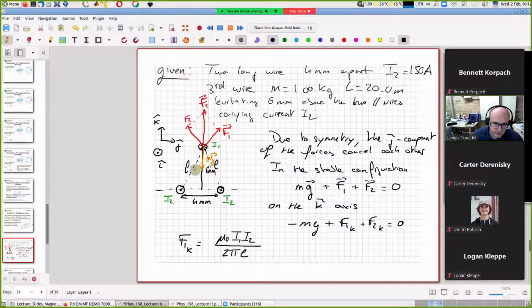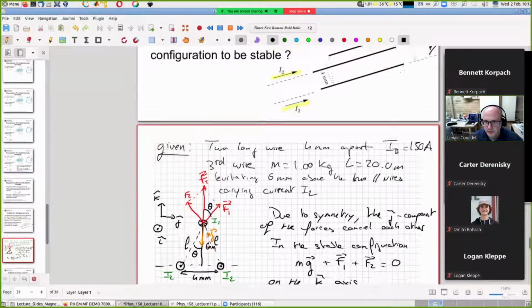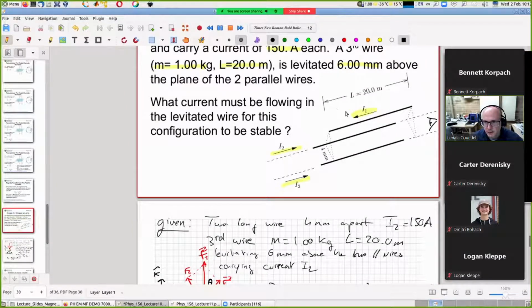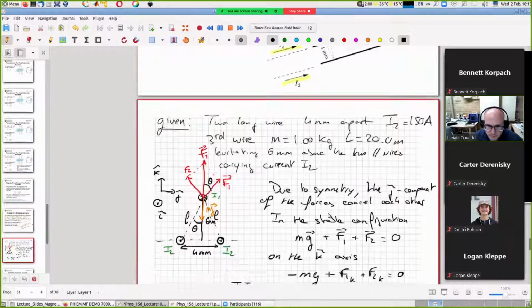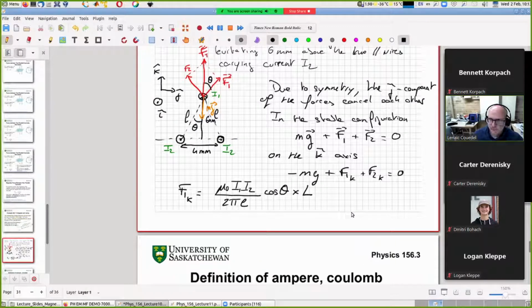So if we call this angle here theta, we obviously have the same angle here theta. So we have cosine theta, and it's not a force per unit length, it's a total force here. So we need to multiply by the total length of the top wire. So here the top wire has a finite length equal to L equal 20 meters. Does that make sense for everyone? Yes?